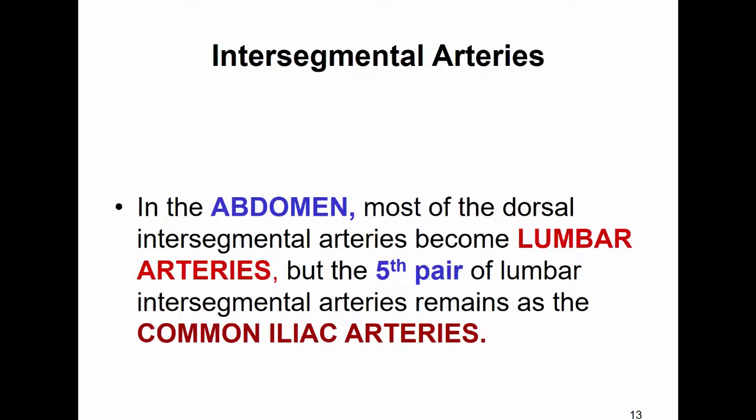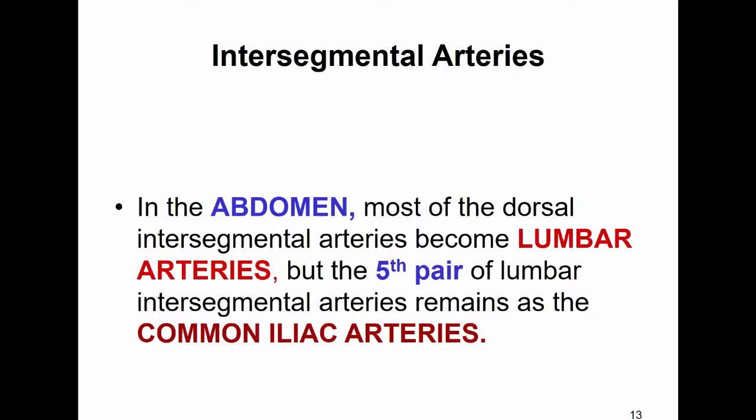I'm just saying this so that you can recapitulate your gross anatomy. In embryology, maybe we will not ask so much about which intersegmental artery gives rise to what, but I'm talking about this so that you can recollect the previous studies, like the lumbar arteries and the common iliac arteries.